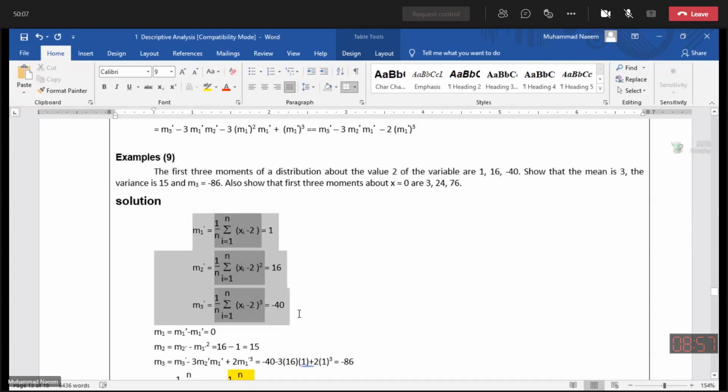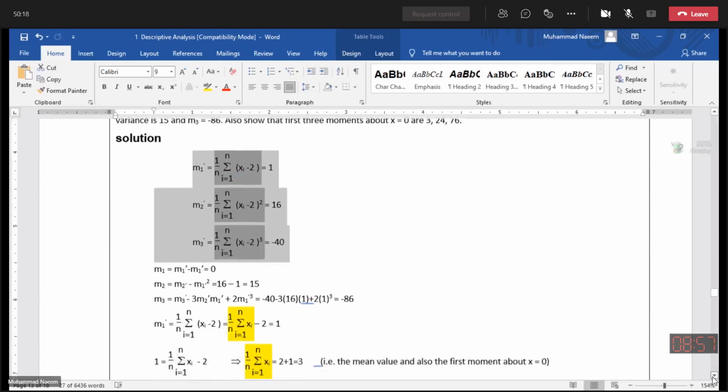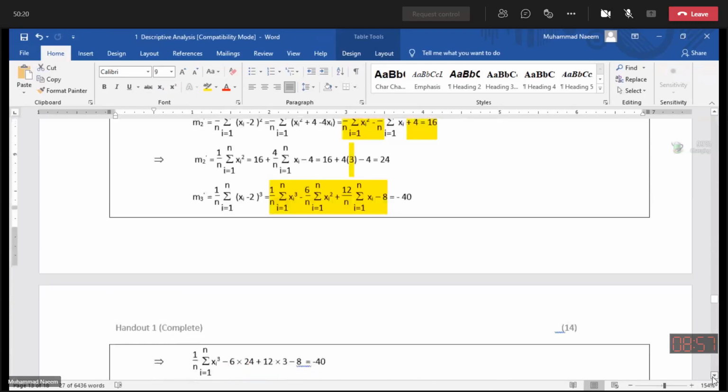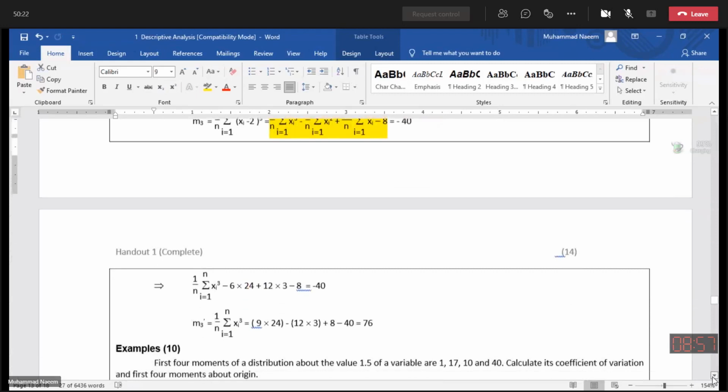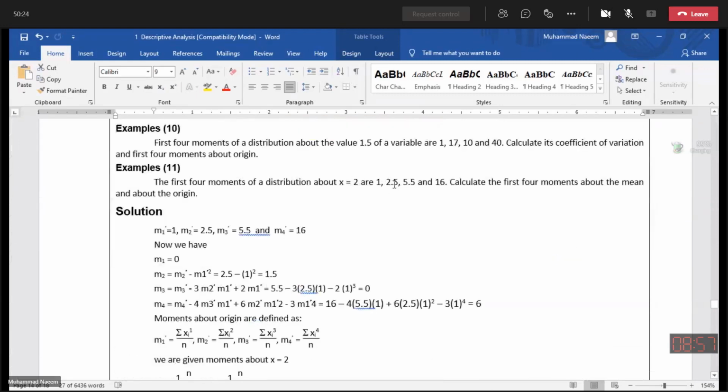We are given the first four moments like this, in which the deviations are taken with value 2. And we are given first four moments in this way: 1, 2.5, 5.5, and 16. Then proceed further, as we did in the previous examples.